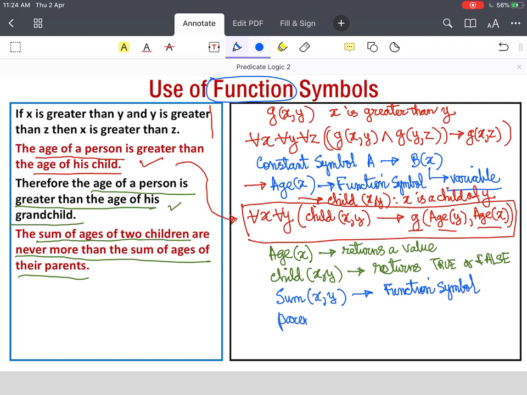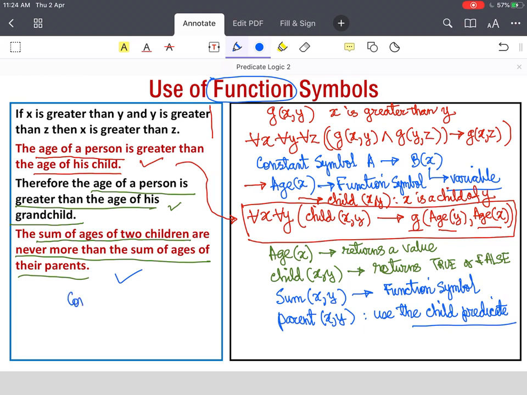Now for parents, we will require parent(x, y). Either we can define father and mother, or we can define parent as a predicate, or we can use the child predicate to define a parent predicate. It depends on how you want to use it. I will leave this also as an exercise about how you are going to model these two.